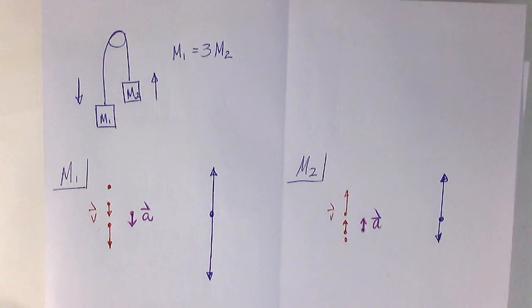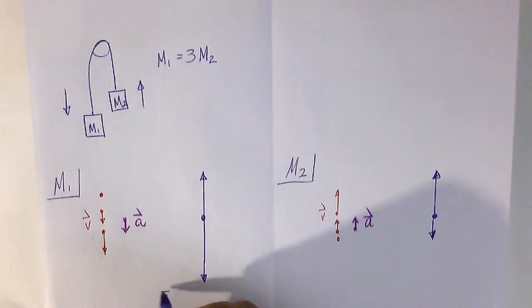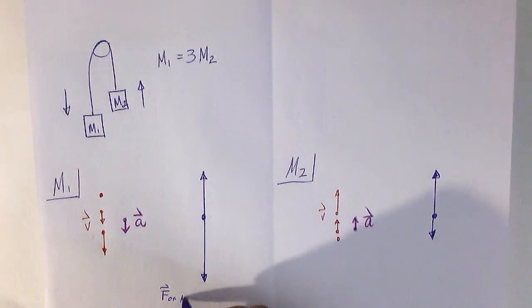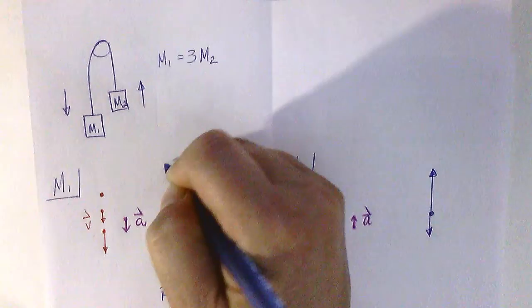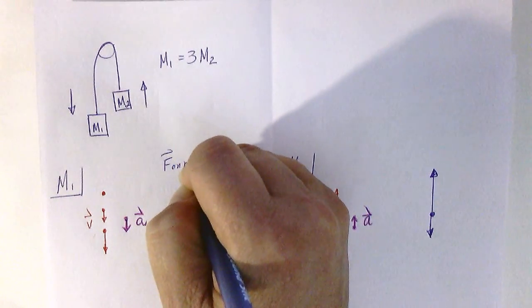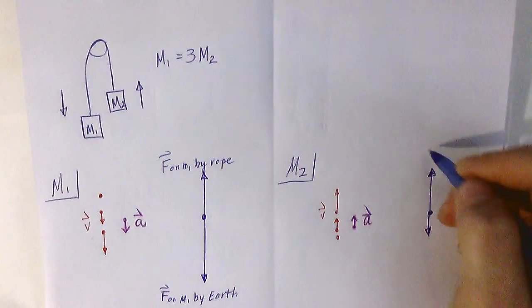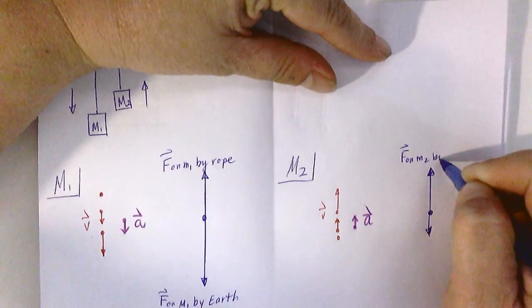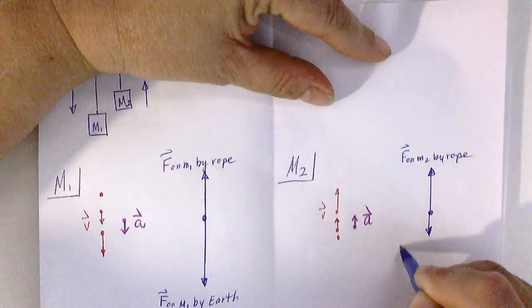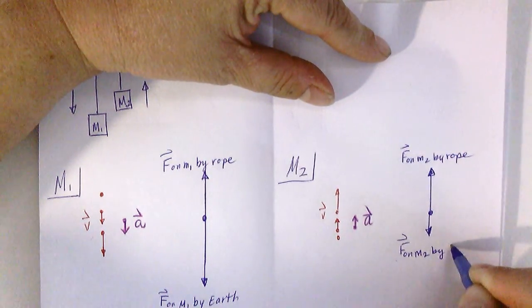This is one of the things that they may ask you to do on your AP test. So let's go ahead and label this. This is force on M1 by Earth. This is force on M1 by rope. This is force on M2 by rope. And this is force on M2 by Earth.